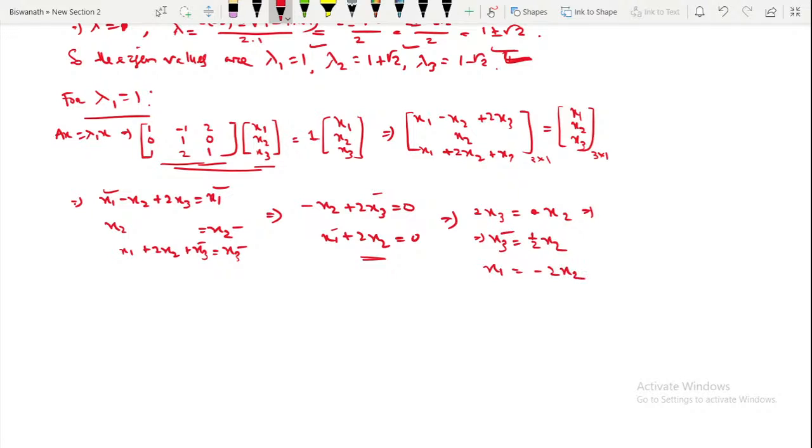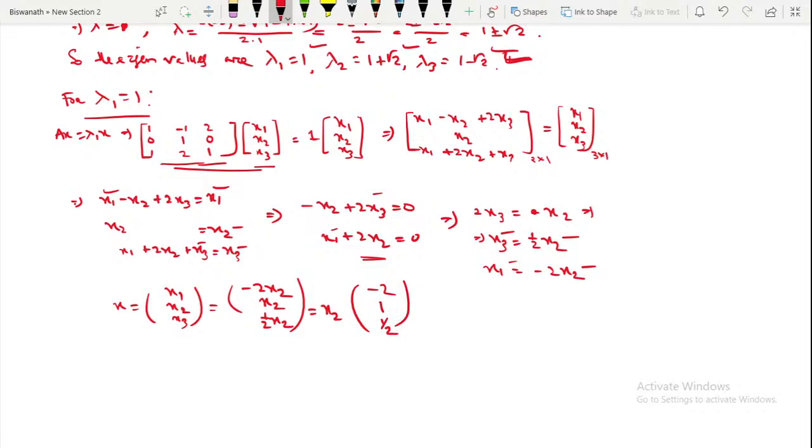So we have written x3 in terms of x2 and x1 in terms of x2. So now my x is x1, x2, x3, which is, in place of x1 we can write minus 2x2, and x2 as x2, and x3 is half of x2. So taking x2 common, this will be minus 2, 1, half. If I multiply by 2 here, since this is a fraction, you can multiply by anything here, or you can leave it as it is.